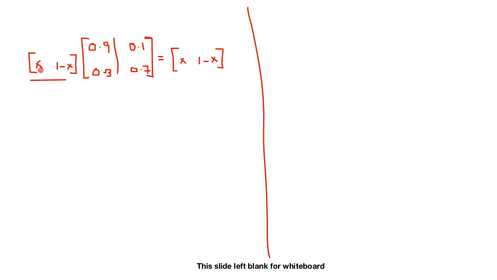So we'll have x times 0.9, which is 0.9x, plus 1 minus x times 0.3, and this should be equal to x.